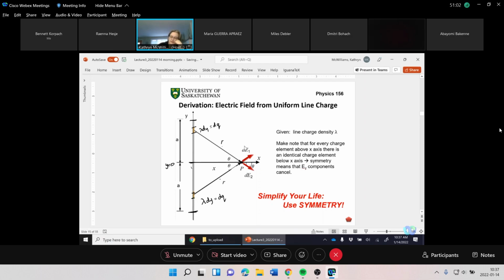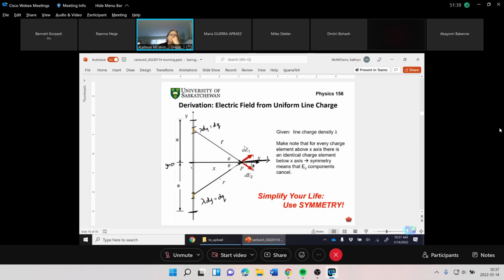If we consider these being at the same position above and below the x-axis, each of them will create an electric field at point P. But symmetry helps us out here, because one of them creates an electric field with an upward component, and the other one at the same distance on the other side creates a downward component. So the upward and downward components of the electric field due to these two little bits of charge cancel each other out, and the only thing that survives is the x component.